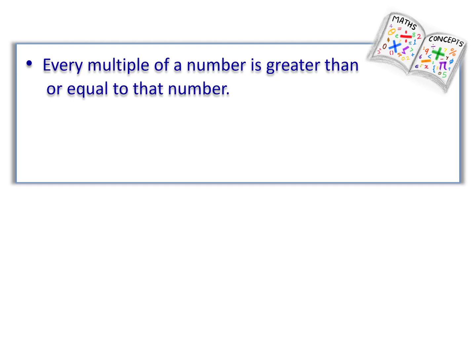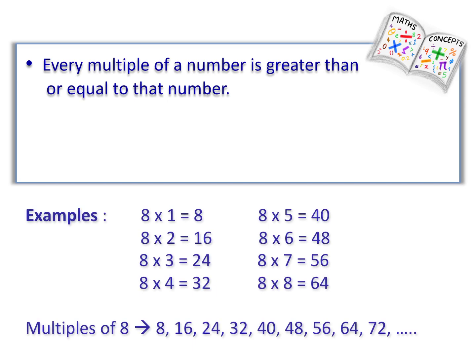Every multiple of a number is greater than or equal to that number. The example given here is the first 8 multiples of 8. So 8 into 1 is 8. The first multiple is always going to be equal to the number itself, because we are multiplying it by 1. The next multiples are definitely going to be more than the number, because we keep adding the number to itself, right?